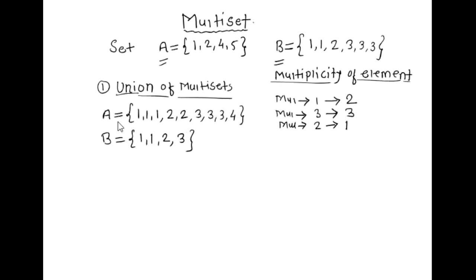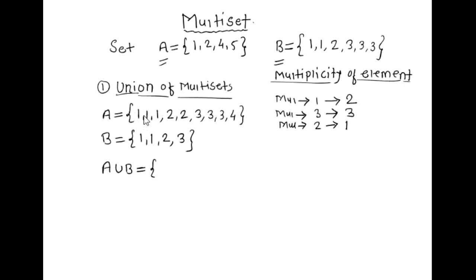So these are the two multisets. I need to define union operation on these two multisets. So I need to find A union B. So how A union B is defined is, union of two multisets is maximum occurrence of each element of A and B.